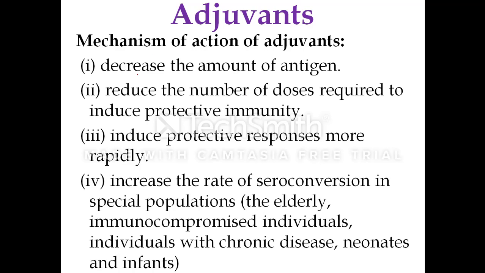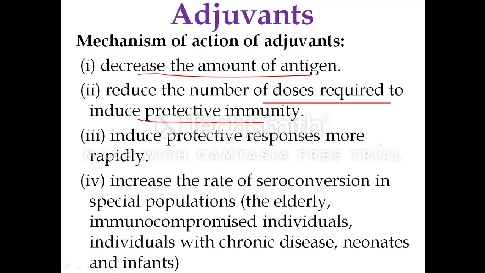The adjuvants decrease the amount of antigen needed to activate the immune response. Adjuvants reduce the number of doses required to induce protective immunity, as they increase the immune reaction for a very small quantity of the antigen, and this induces a protective response more rapidly.